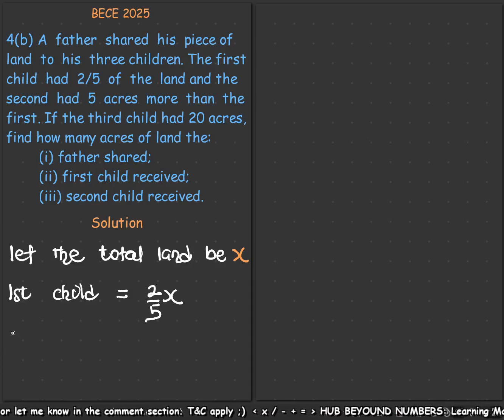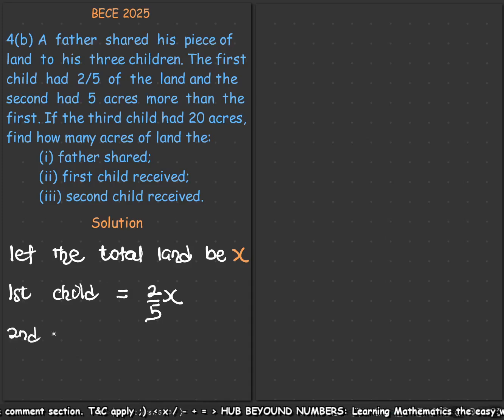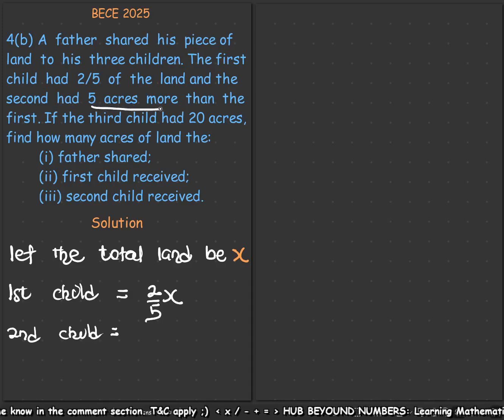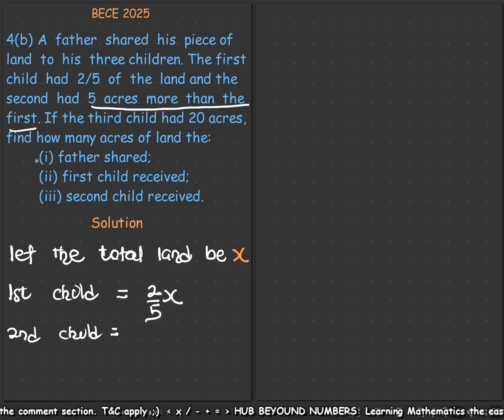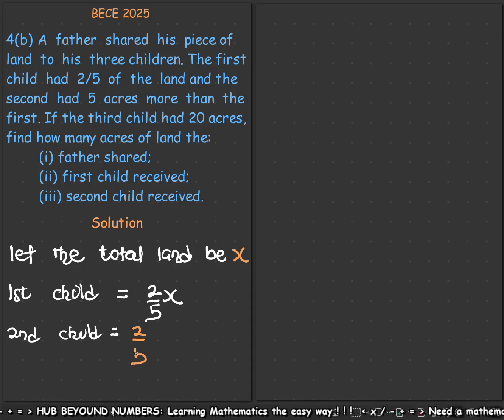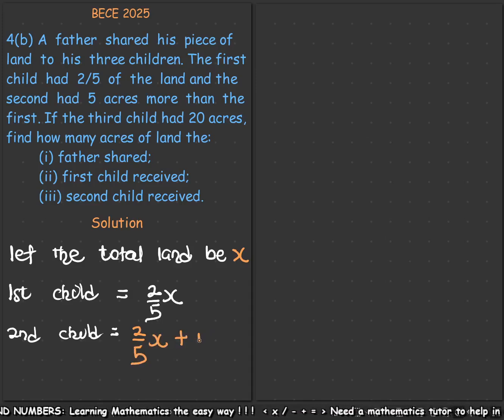Then we come to the second child. For the second child, as we can see, they said the second child had 5 acres more than the first. This is what the first child had, that is 2/5 X. But we want 5 more, so we are going to add 5 to it.